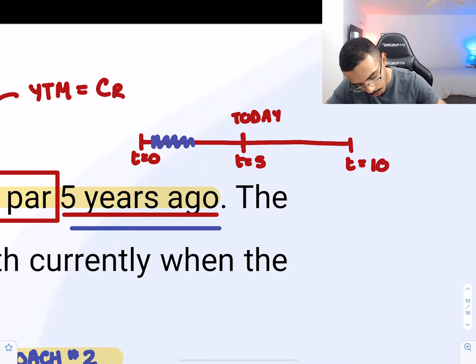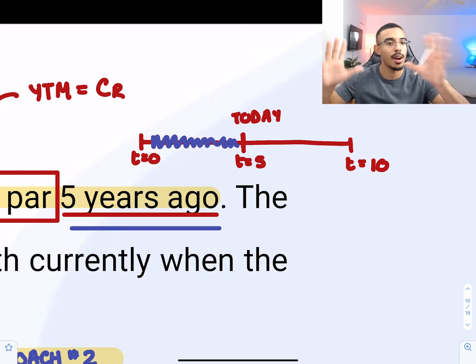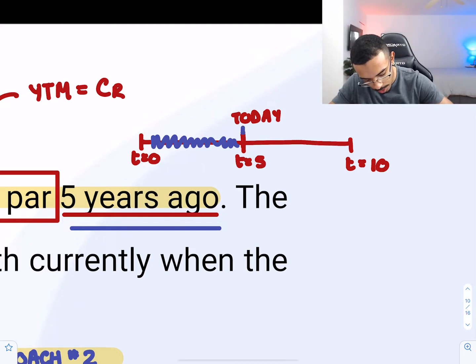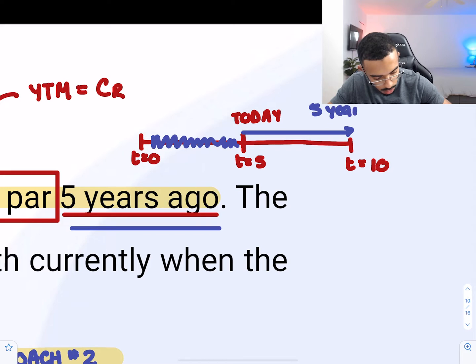Therefore, we don't need to consider this part of the past. It's not important for us. We just want to evaluate our bond from today to the very end of our bond. Therefore, what I'm trying to say is that from T5 to T10, we have 5 years remaining. Okay?